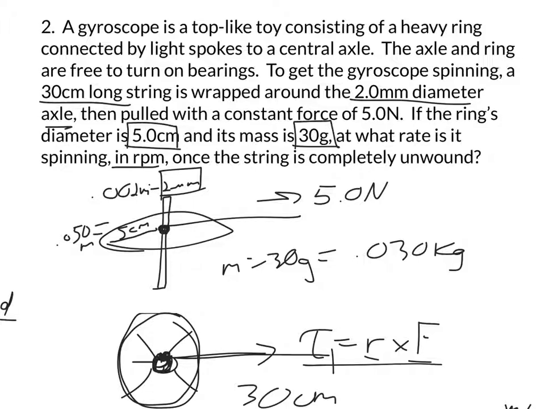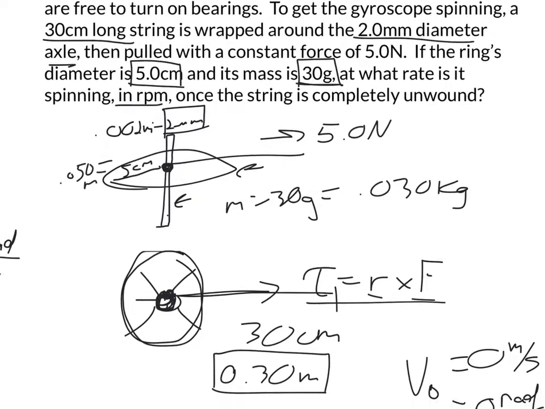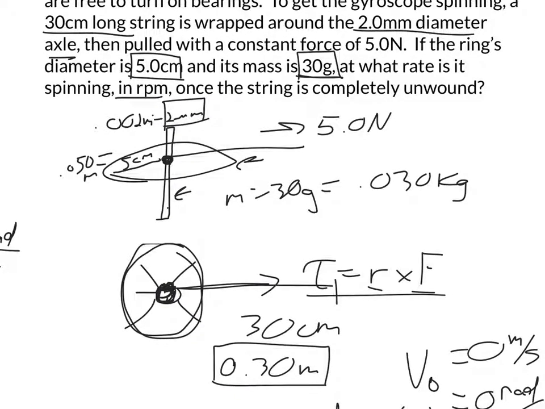Otherwise, I don't think there's a way to solve this, because what you would really do here is take the moment of inertia of the axle and the moment of inertia of the ring together, because they're all spinning as one big piece, and you would say that is the total moment of inertia of the entire gyroscope. But if you'll notice, they only give us the mass of the ring. I don't think they give us the mass of the axle itself. So I have to assume that means that we're claiming the axle is not a significant mass compared to the mass of the total ring.